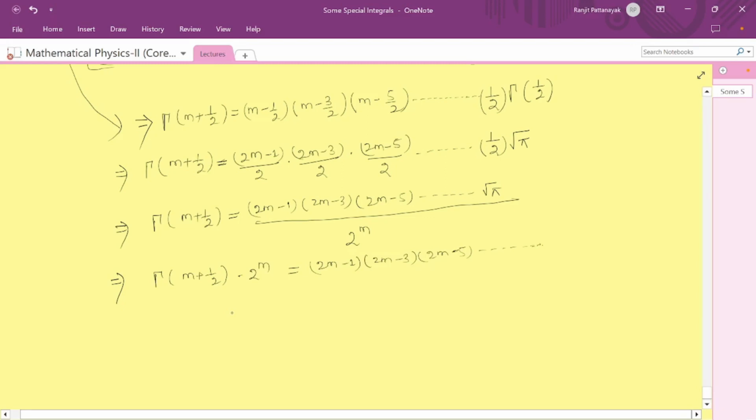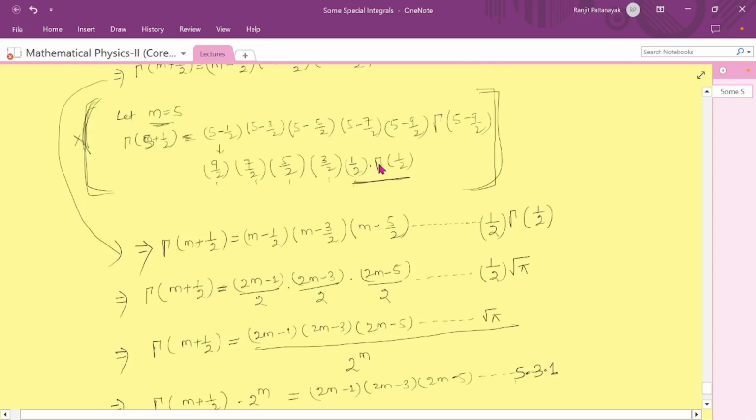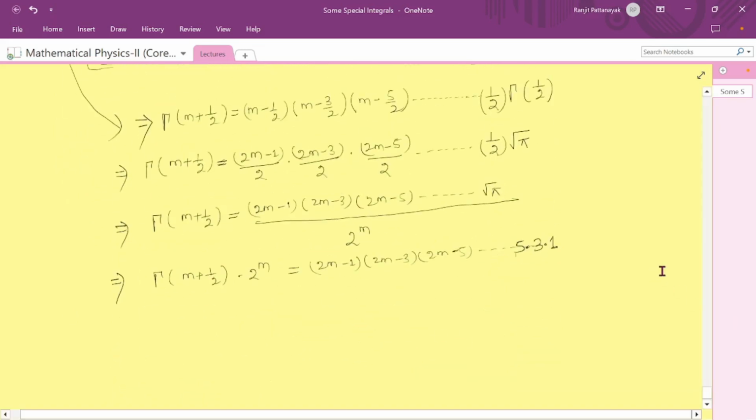The last term will be 1, and before the last term we get 3, then before that we get 5. How? We considered this example, no? Here we also find the same: 5 into 3 into 1, whole into root pi.